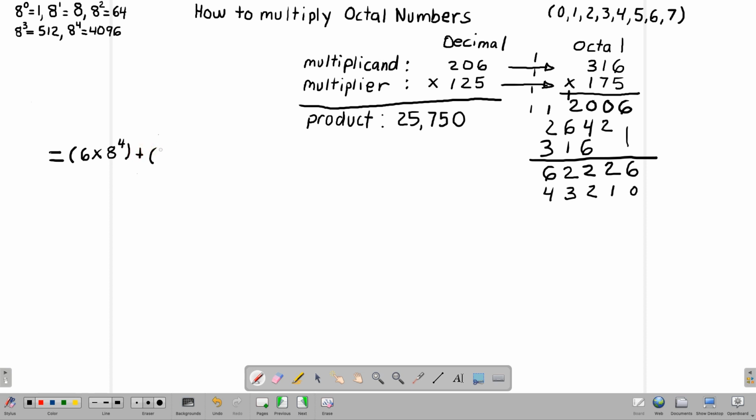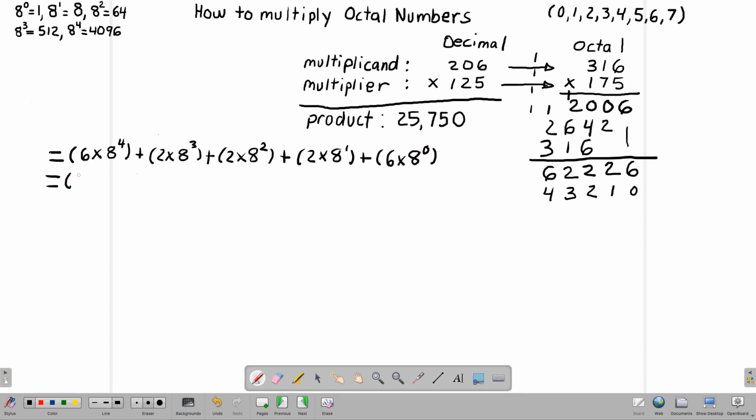Then we have 2 times 8 to the third power, another 2 times 8 to the second power, another 2 times 8 to the first power, then 6 times 8 to the 0th power.